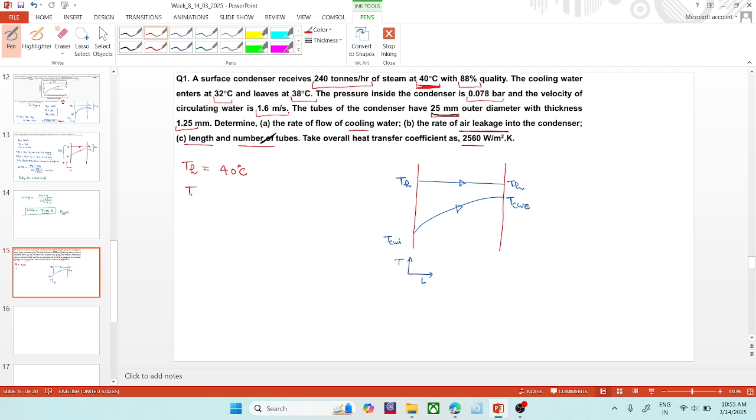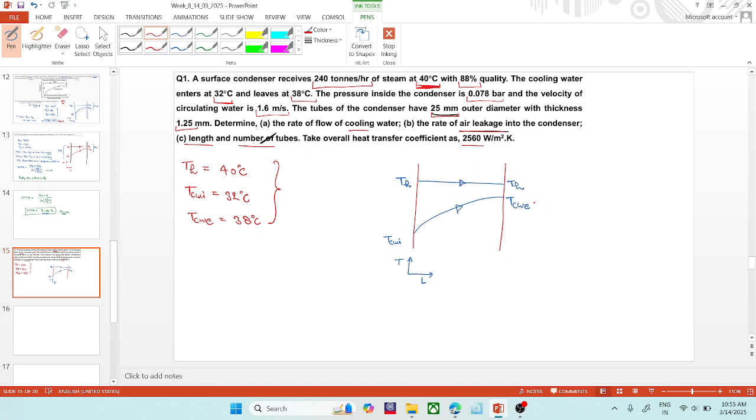The inlet temperature of the cooling water, CWI, is 32 degrees centigrade, which is provided here, and the exit temperature of the cooling water, CWE, is provided as 38 degrees centigrade. So these are the temperatures provided.